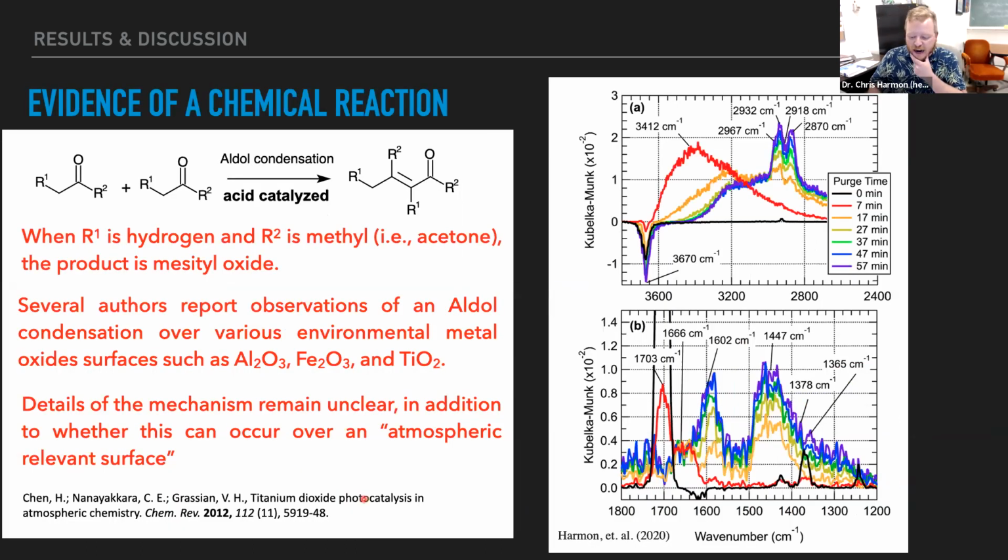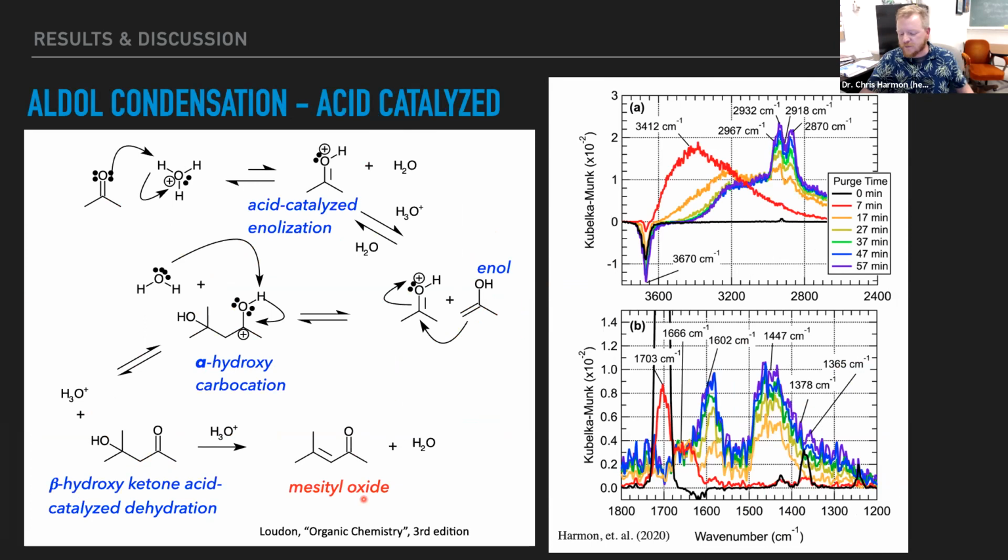So I think that I've run out of time to really get into these qualitative studies. So I'm just going to describe this very briefly. In other experiments, when we've used a larger concentration of acetone, we don't see the adsorption or desorption behavior at all.